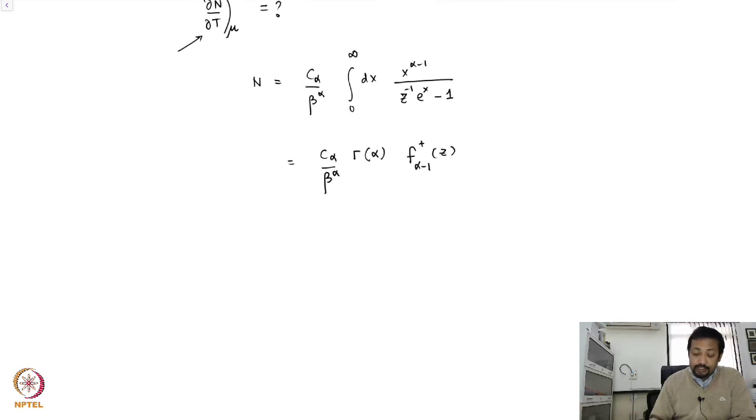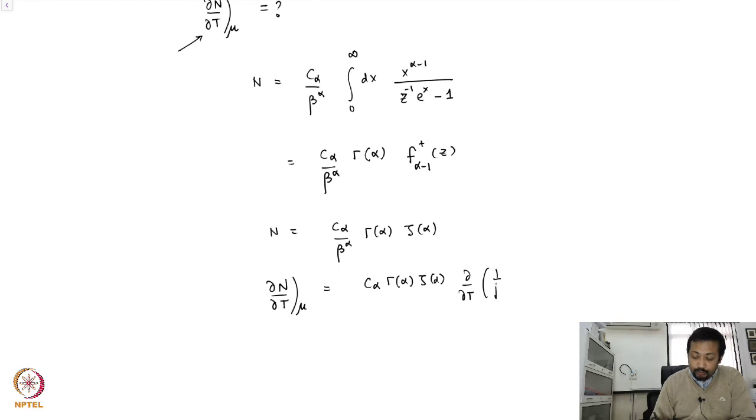And close to Tc I have n as C alpha, beta alpha, gamma alpha, zeta of alpha, very close to Tc, so that del n del T, mu held constant, becomes C alpha gamma alpha zeta alpha del T of 1 over beta alpha.